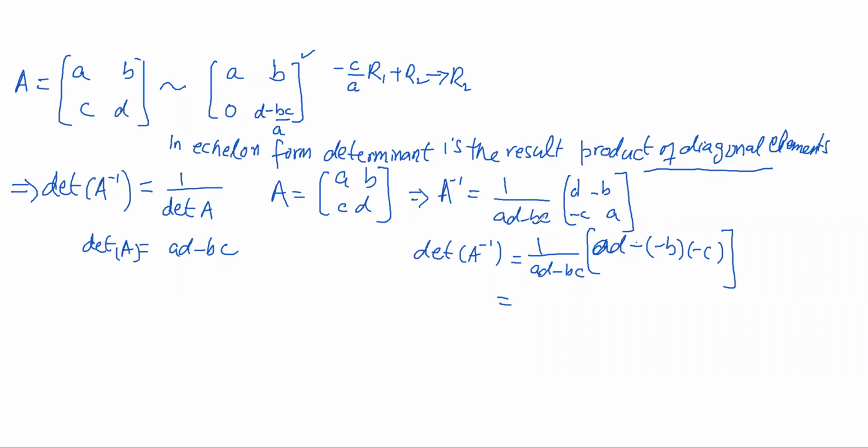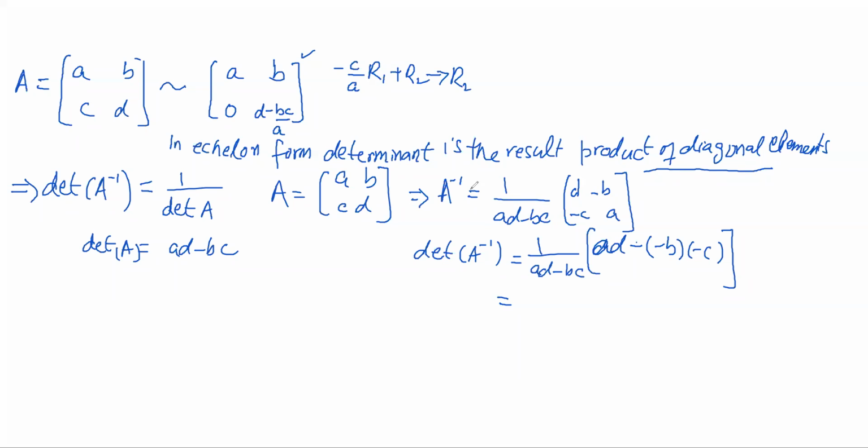So 1 over AD minus BC, and this will be A from our previous rule, where A and D interchange places. So D comes here and A comes here, and B and C change the sign, so minus B and minus C, which is correct.